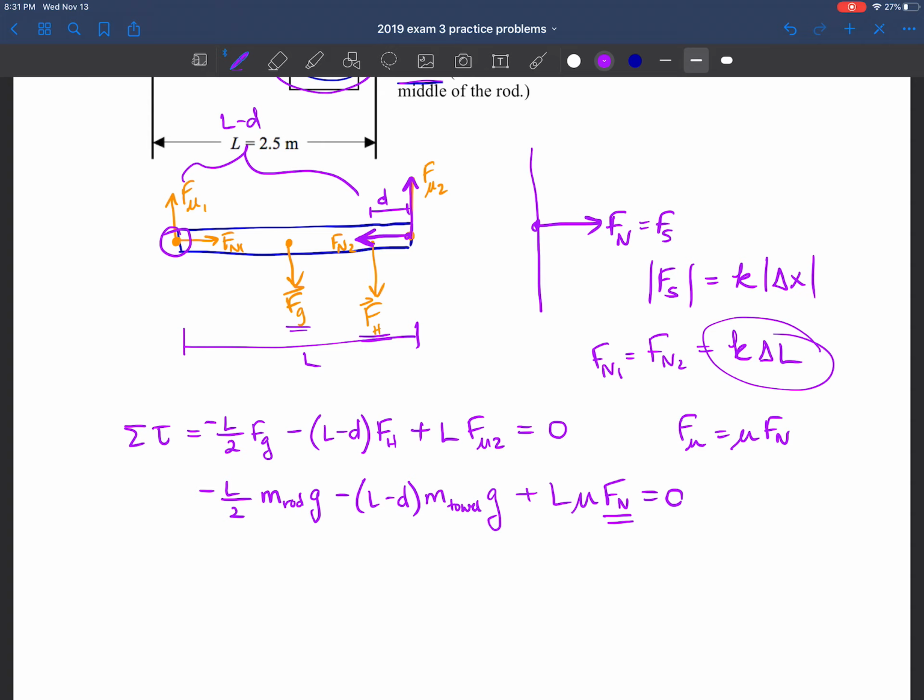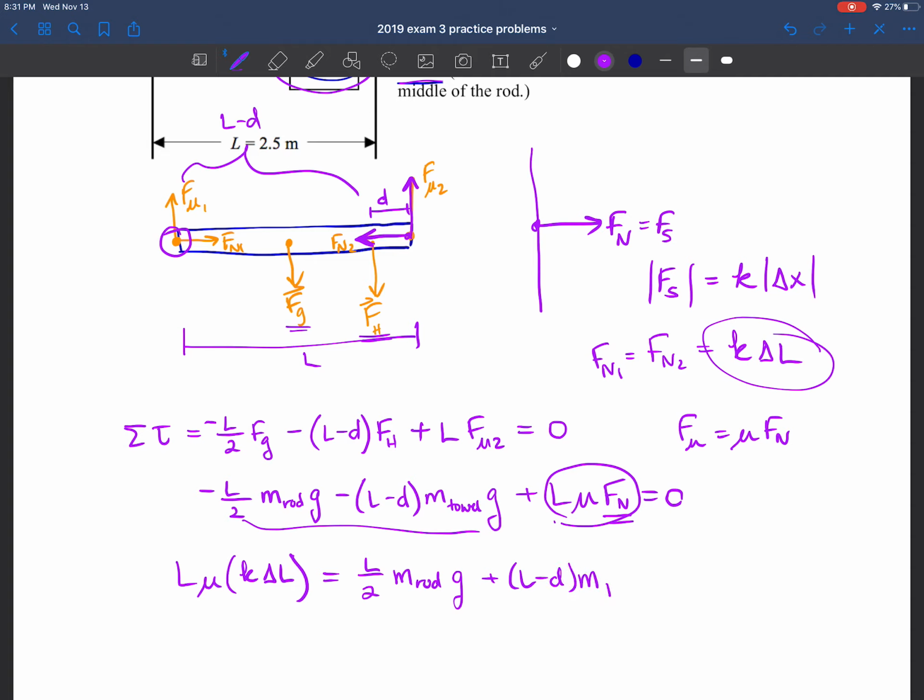Okay, so let's rewrite this a little bit. Let's take this term and substitute in Fn, which is K delta L. And then let's move all of these terms to the other side. That's going to be equal to L/2 m rod g plus L minus D m towel g.